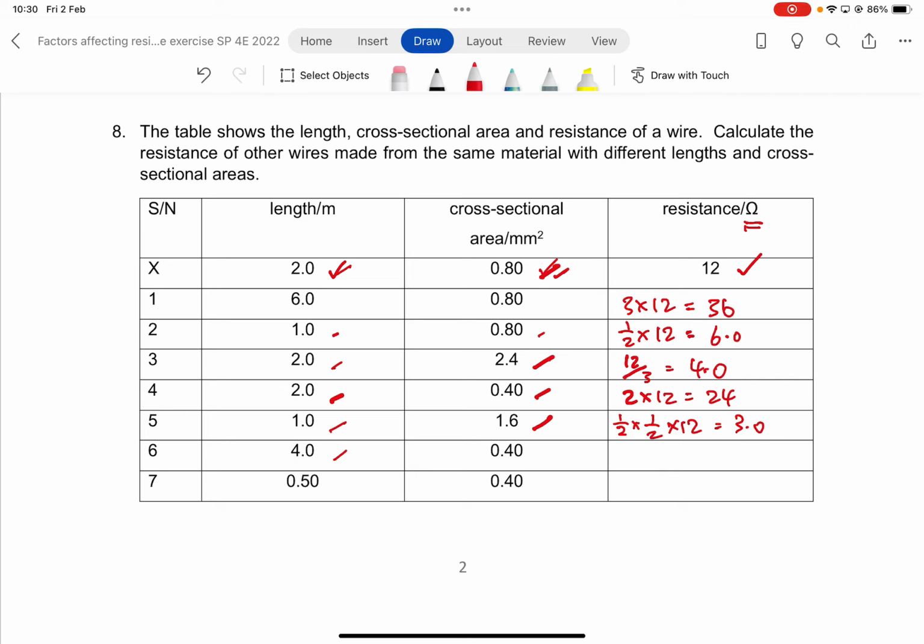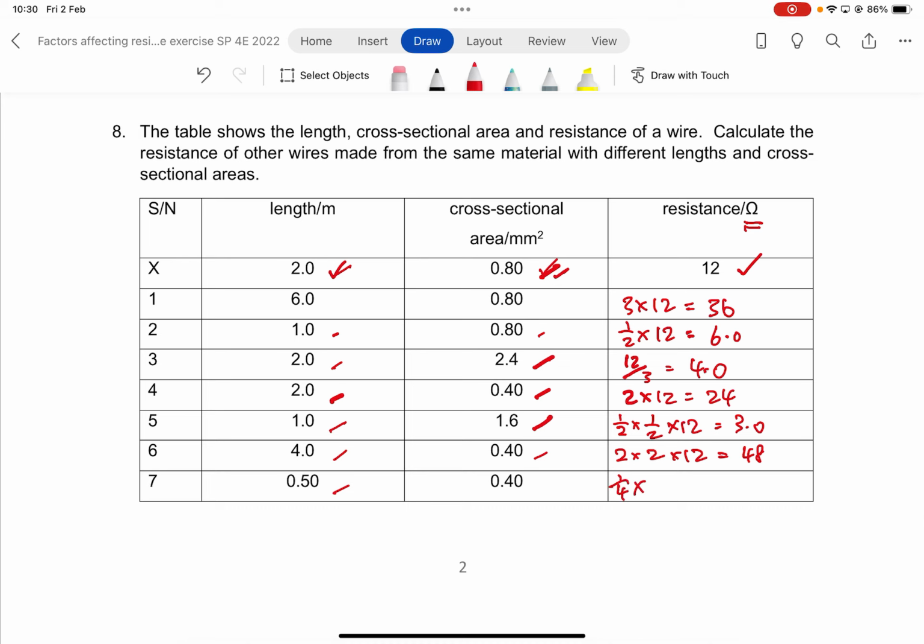Right, next, length is 2 times. Then the cross-sectional area is halved. So that means 2 times for length. Cross-sectional area is half, that means 1 over half is 2. So 2 times 2 times 12 is 48 ohms. Agree? Then the next one, the length is 1/4, from 2 to 0.5.